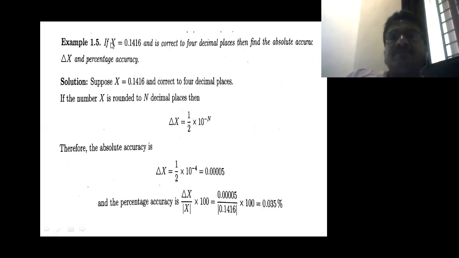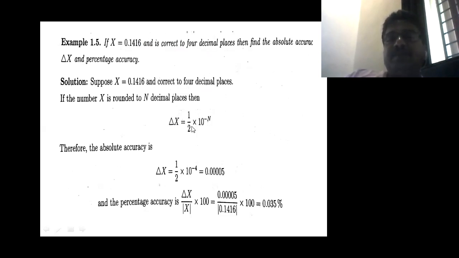Next question: x is equal to 0.1416 and is correct to four decimal places. So this is the number given to you, and this number is correct to four decimal places. Find the absolute accuracy or absolute error delta x and the percentage accuracy or percentage error. So x is this, and this number is rounded to four decimal places, and therefore the absolute accuracy or absolute error or upper limit of absolute error is delta x equal to 1/2 10 raised to minus n.